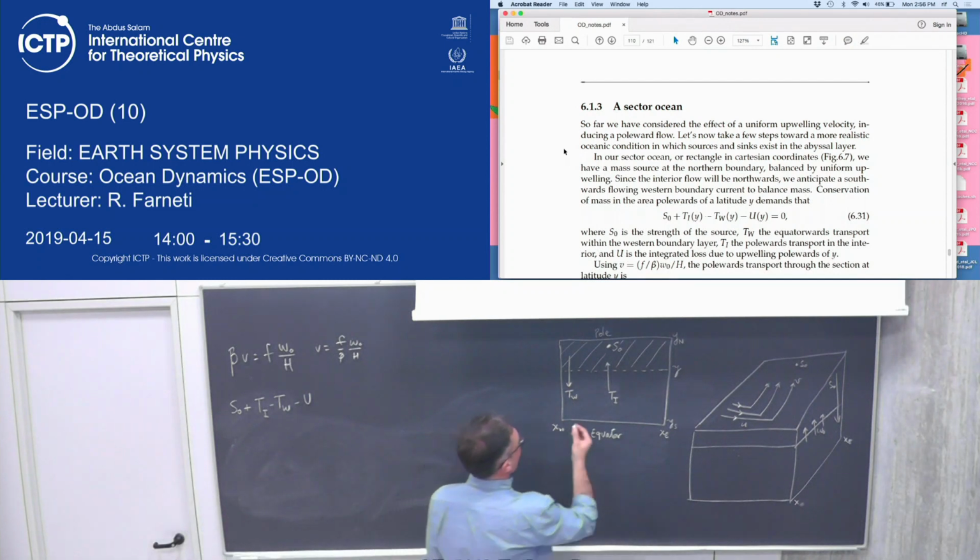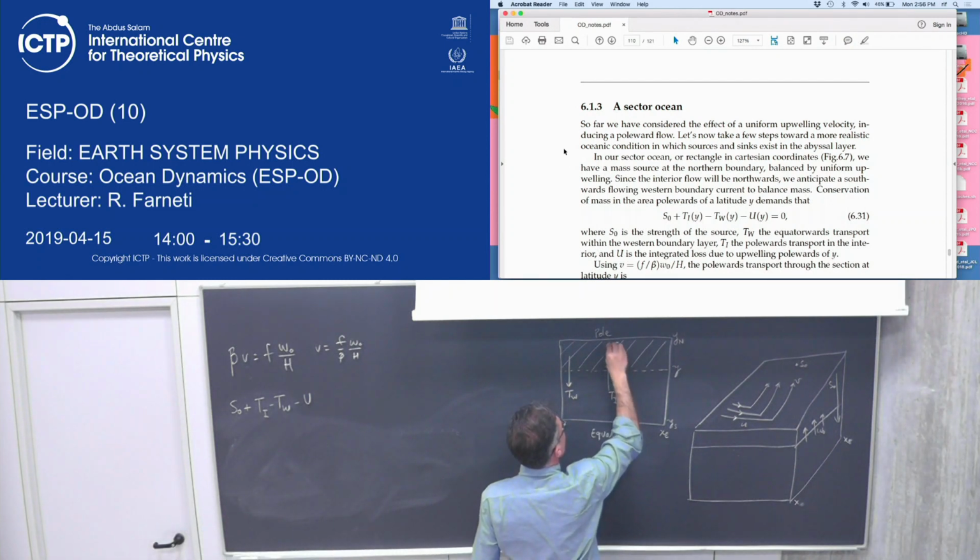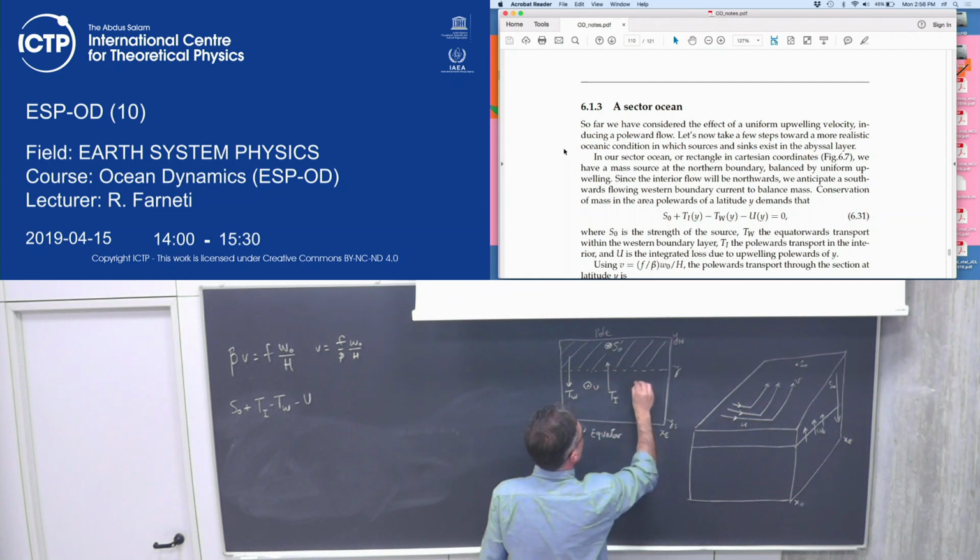You add, well, this should be an X because it's going into, and then you have upwelling, which happens everywhere because it's uniform.